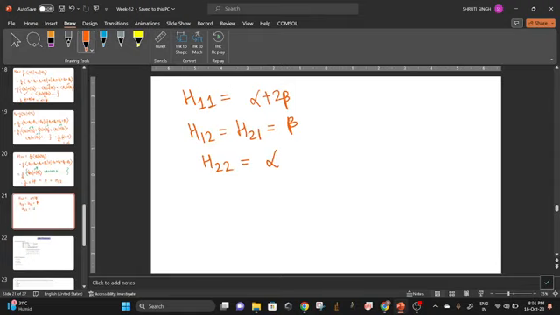The secular determinant we can now write as: alpha plus 2 beta minus E, beta, beta, alpha minus E, and this determinant equals 0.